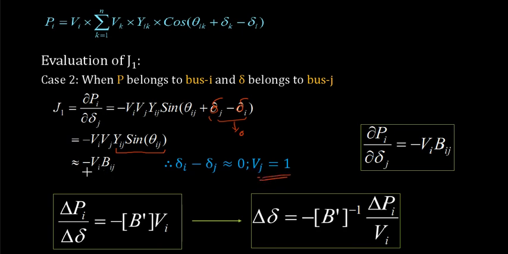So what we get is minus Vi into Bij. So your J1 will be equal to minus Vi into Bij, or in general we can write that delta Pi by delta, that is once you have a small increment in delta, the change in Pi will be equal to minus B dash, where B dash is the matrix of Bij, into Va. So we'll see what this B dash is.